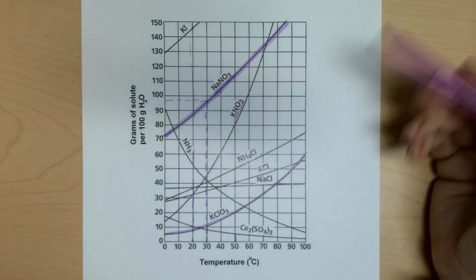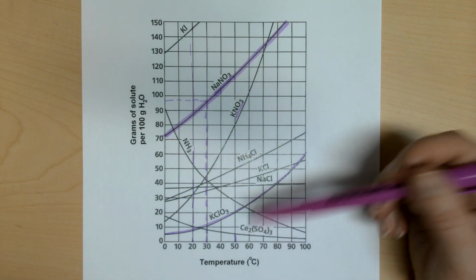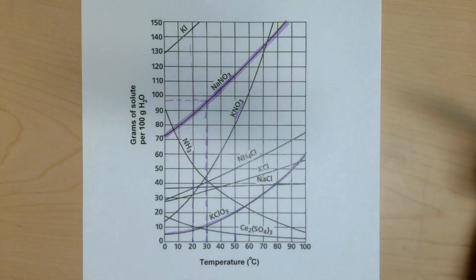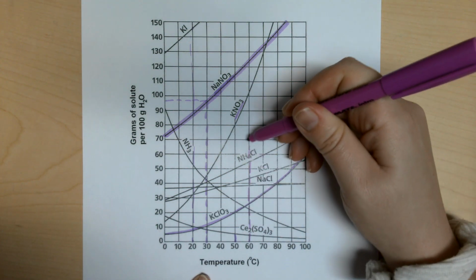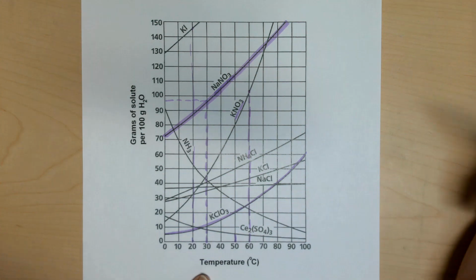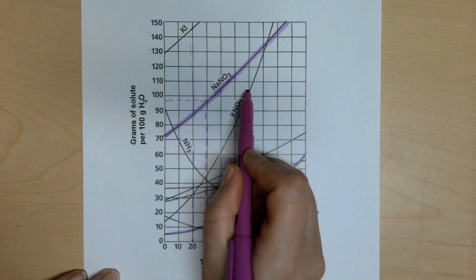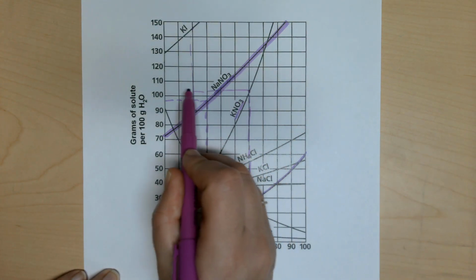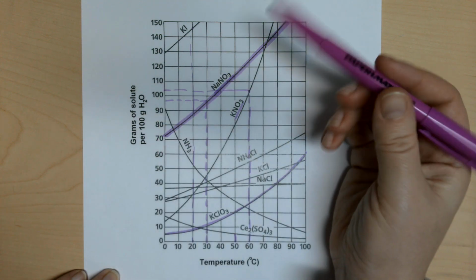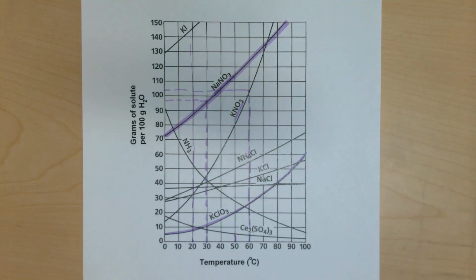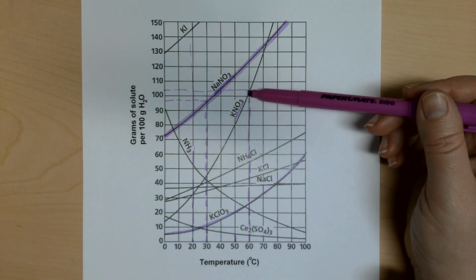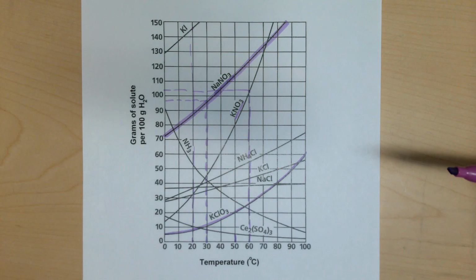I want to know at 60 degrees how much KNO3 can dissolve in 100 grams of water. So I'm going to go from the line 60. I'm going to go till I meet up with the KNO3 curve, which is right here. That's where it meets up. Then, like I said, I make a right angle and I turn towards the y-axis, and I see that it would be about, I'm going to go with 104 perhaps. At 60 degrees, I could dissolve 104 grams of KNO3 into this.